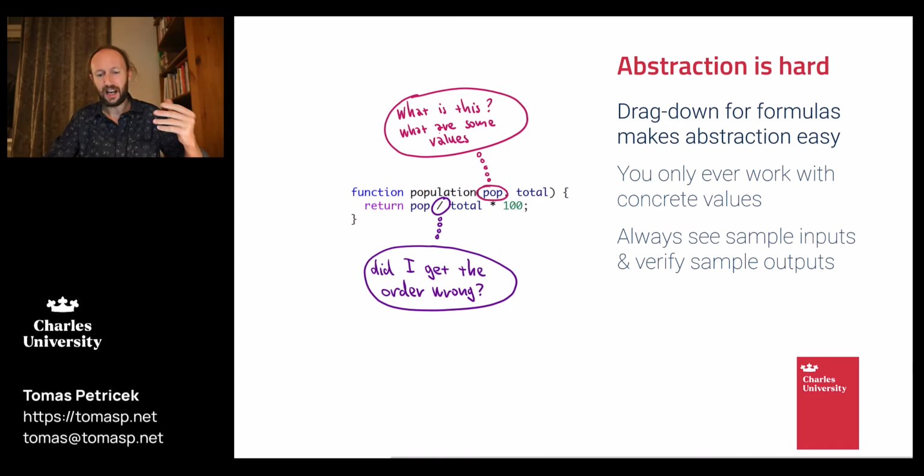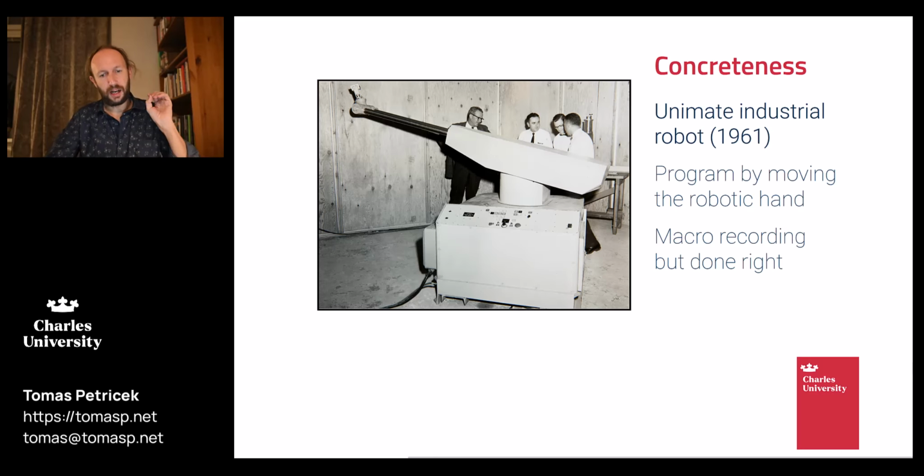So what's going on in spreadsheets, it's much more like this idea of concrete programming. And this is something that first appeared in 1961 in the context of industrial robots.